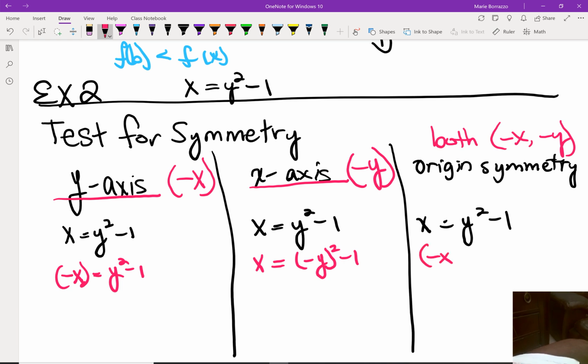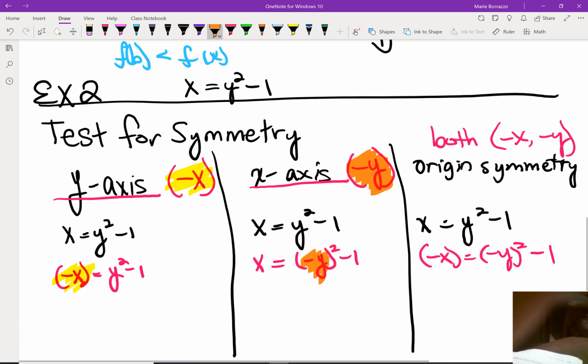So this will be negative x is equal to negative y squared minus 1. So if you notice, the key is if it's y-axis symmetry, I'm plugging in a negative x. If it's x-axis symmetry I'm testing, then I'm substituting in a negative y. If it's both, then I'm doing both with their opposite signs.